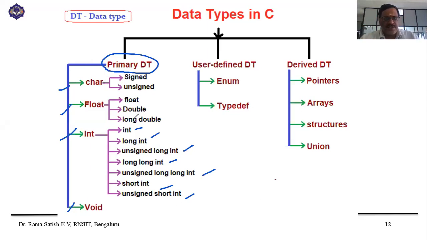Right. Next, if you want to store real numbers, meaning fractional values, 23.5, 9.8, scientific values, you can certainly use floats. If you want to store scientific exponential values, 3 into 10 raised to the power of 8, the speed of light, definitely you can use double.